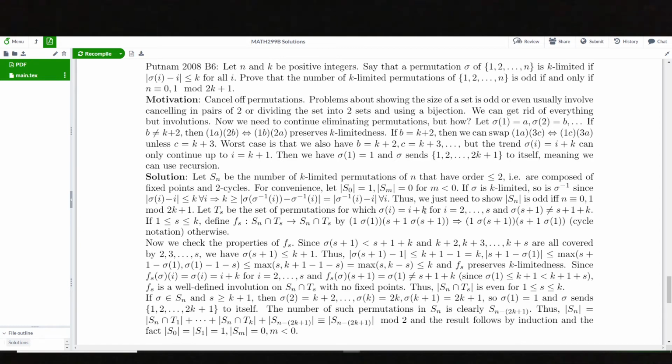So if sigma of i is i plus k, then sigma of i plus k is i. Then we check, obviously, this is also preserved by k-limitedness, just because 1 is really small, and that shows that k-limitedness is preserved.